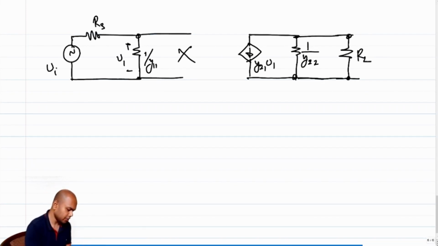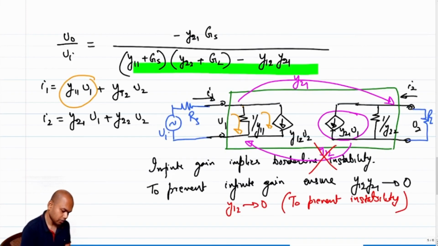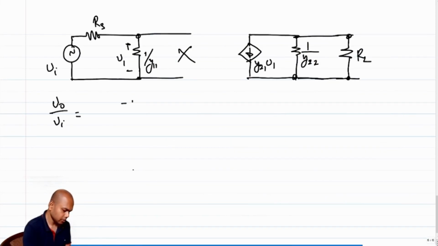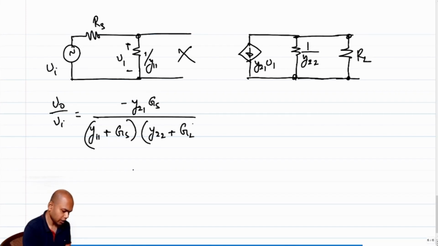And again, what is our V0 over Vi? V0 over Vi is minus Y21 GS divided by Y11 plus GS times Y22 plus GL.